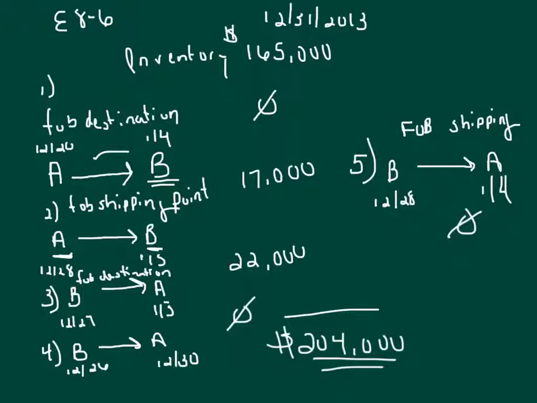It's very, very important that you understand the shipping terms from your vendors and also understand your own shipping terms, because the accounting consequences do have an impact on not only the balance sheet but also the income statement.